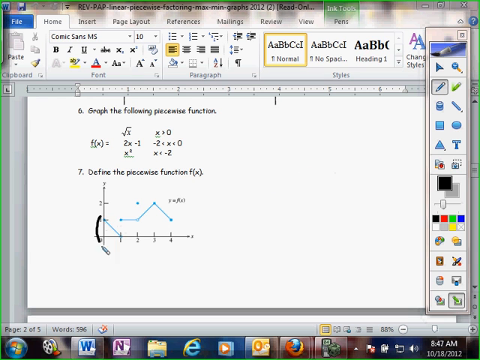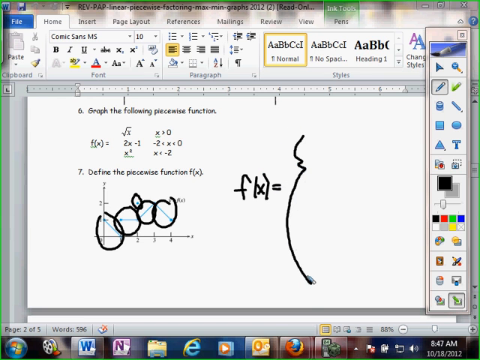You have 1 piece, 2 pieces, 3 pieces, 4 and 5 pieces. So for f of x, you're going to have these 5 pieces, and you have to write what those pieces are. For example, this first piece, I hope you can see, that's the line -x plus 1. Has a slope of -1, and the y-intercept is +1. So that's -x plus 1.